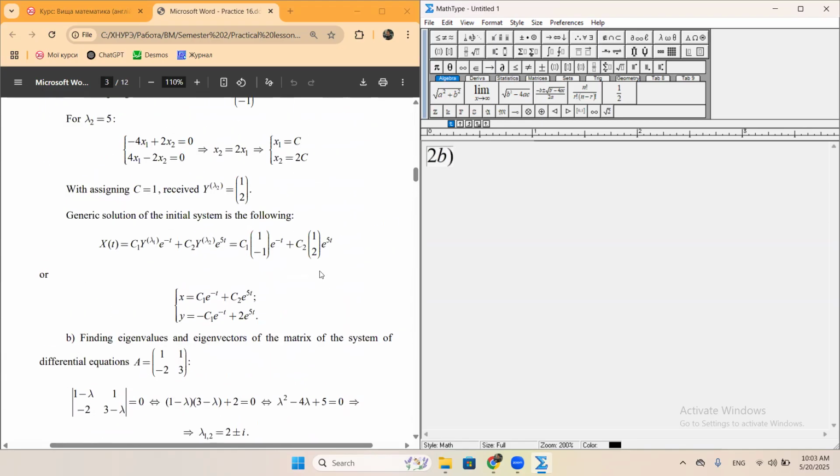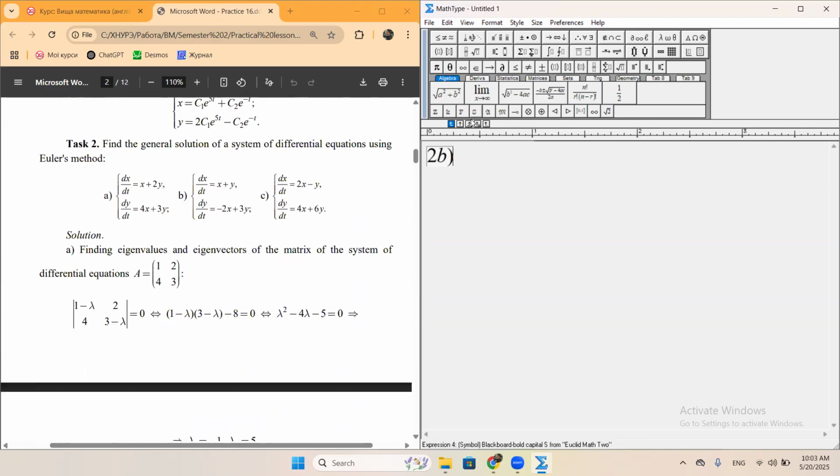The next system is the following. I will skip some stages when finding eigenvalues and eigenvectors, and pay more attention to solving differential equations. So dx by dt equals x plus y, and dy by dt equals minus 2x plus 3y.